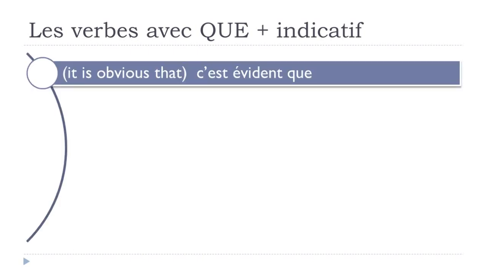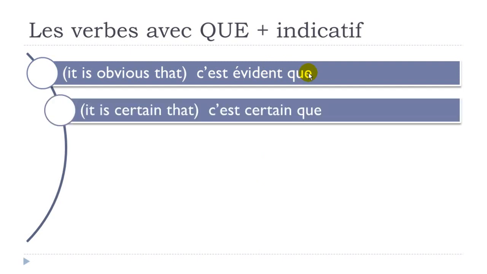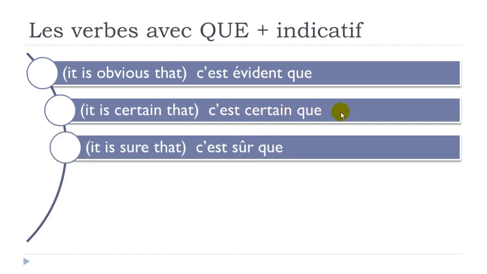Okay, so the first verb or structure would be c'est évident que. C'est certain que. C'est sûr que.